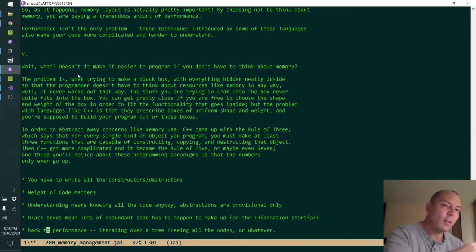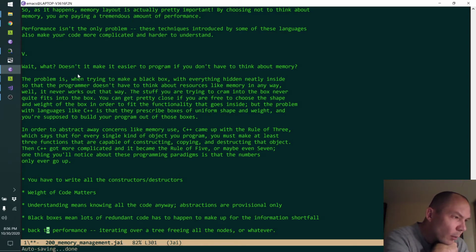Again, it's a hard point to make because it's very subtle and particular, but just the act of trying to encapsulate in a black box all your memory allocations actually is going to make your program more complicated and slow than it would be if you didn't do that. That's what I'm trying to say right now. You end up with a lot more code, right?